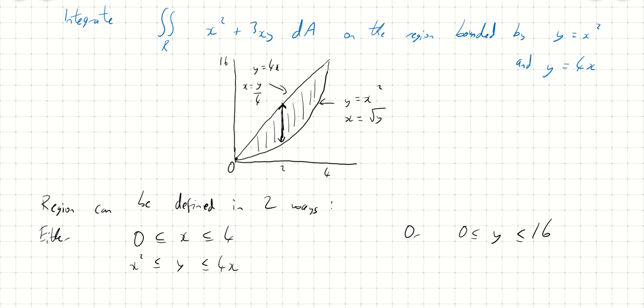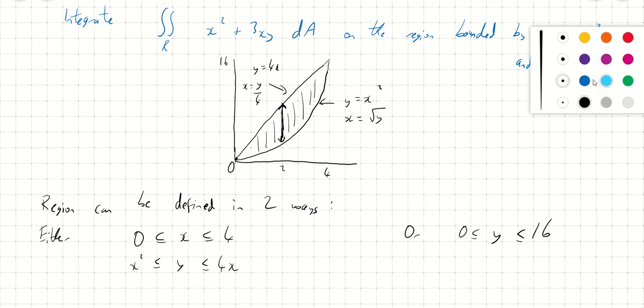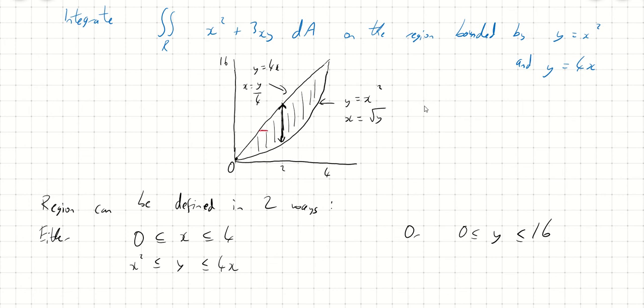Let's now do it the other way around. If we say that y varies between 0 and 16, what does x vary between? Now we're looking in the other orientation, asking how x varies. Let's say y is 6.